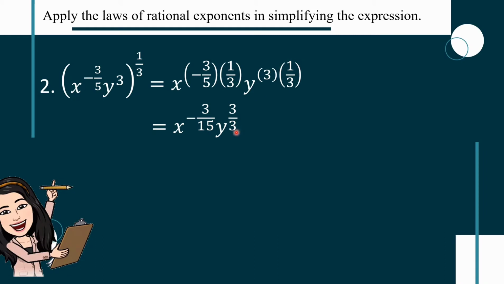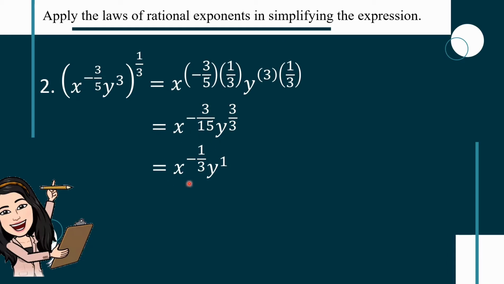Then we reduce to lowest terms, or simplify the exponents. Negative 3 over 15 becomes negative 1/3. How? Because 3 and 15 are divisible by 3, so we divide both by 3. 3 divided by 3 is 1, 15 divided by 3 is 3. And 3 divided by 3 is equal to 1.